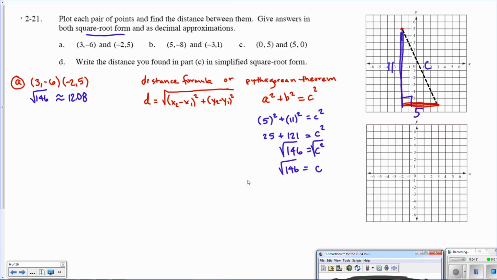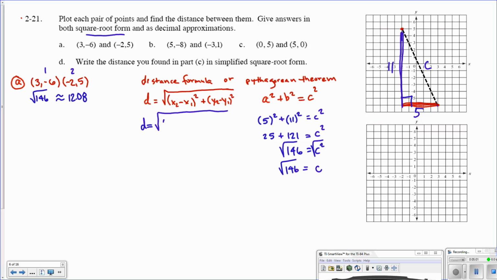All right. Now, if we wanted to use the distance formula, you just have to make sure you identify what your points are and use those here. So I'm going to make this point number 1 and make this point number 2. I'm going to show you how to do it with this one as well. So we're going to say the distance is going to equal the square root. Now we're going to do the second x coordinate minus the first x coordinate.